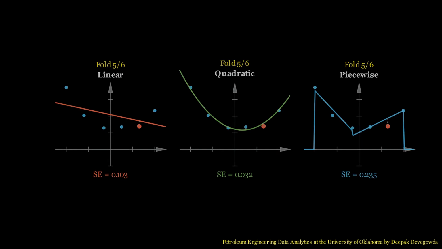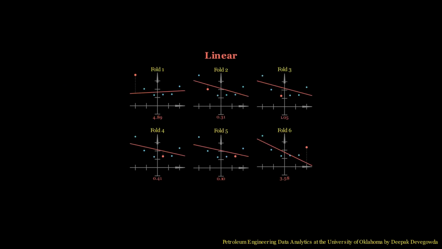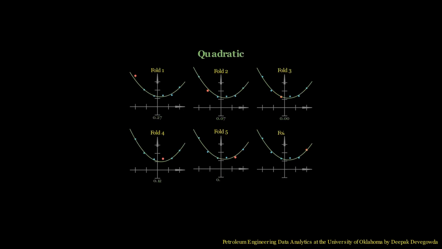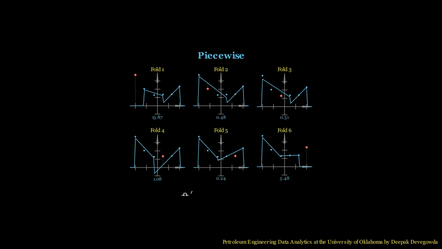So if we have 6 data points, we're going to be doing 6 model evaluations, as you can see over here, with the linear model, and the average squared error over all of these 6 folds is computed. Finally, we have the quadratic polynomial and the averaged squared error. And finally, we have the piecewise linear function and the corresponding squared error.